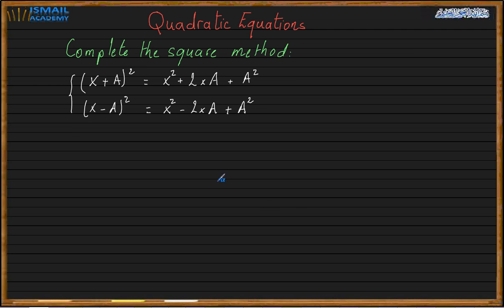Alright, so if it was asked to solve ax squared plus bx plus c equals 0 using complete the square, the first thing, for your check, is to find the discriminant, which is D equals b squared minus 4ac, because the discriminant will tell you what type of solution you will end up with: if you have a solution or you don't, if you have one solution or two distinct solutions.